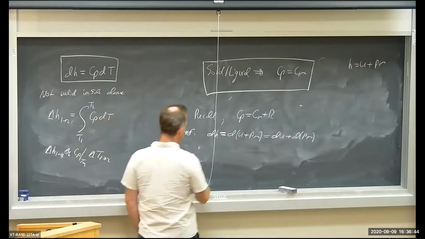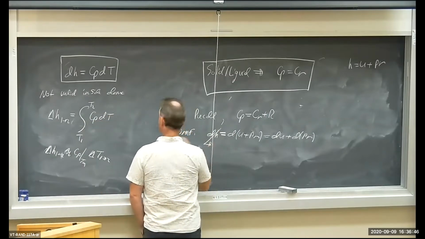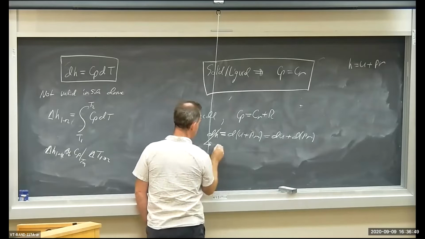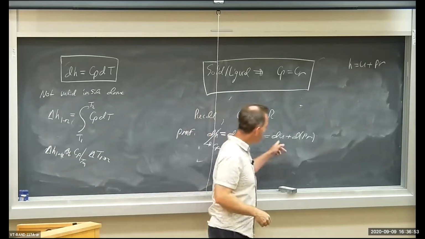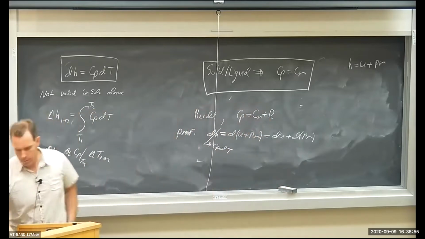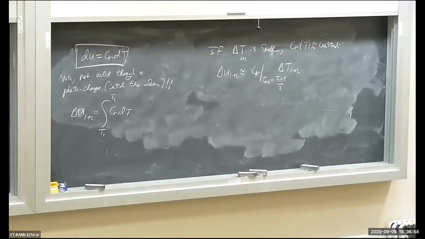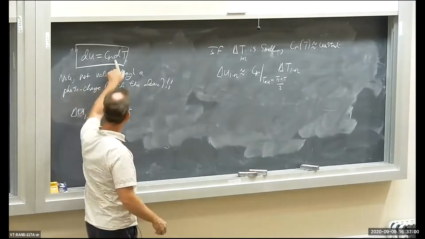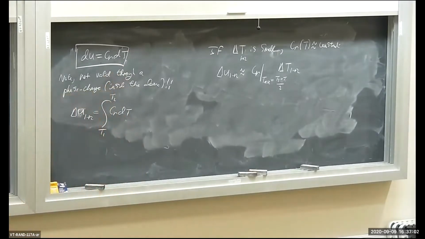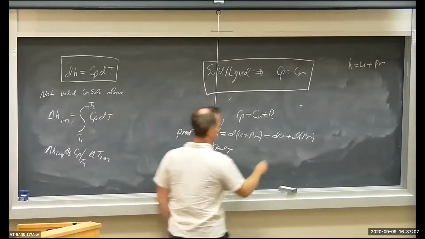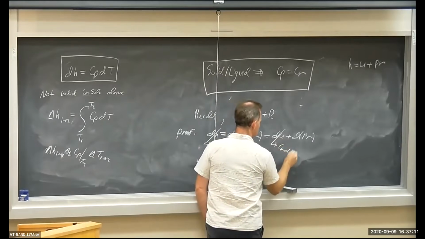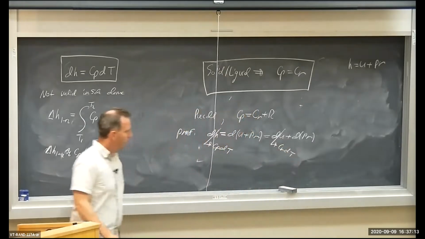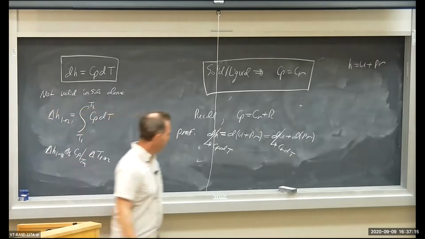Now, dH is equal to Cp dT. du is equal to Cv dT. Okay? So let me write what I've got.